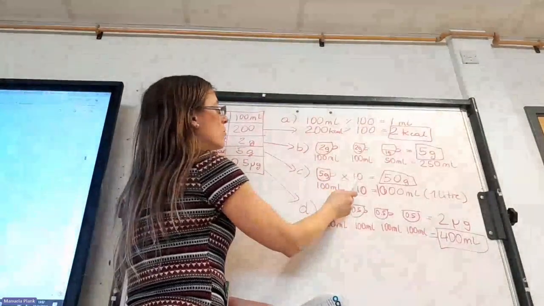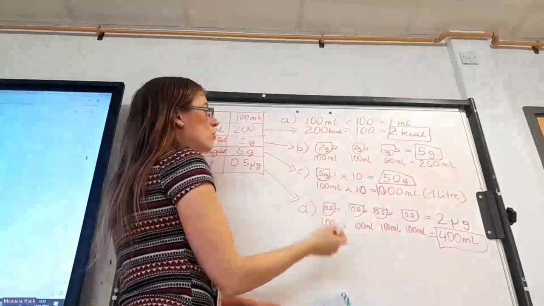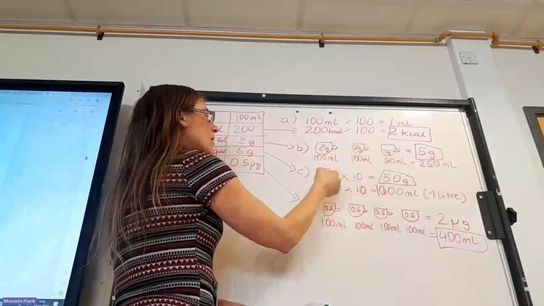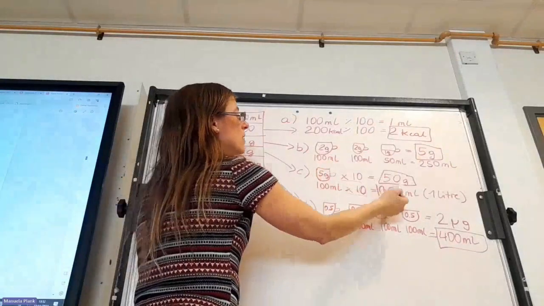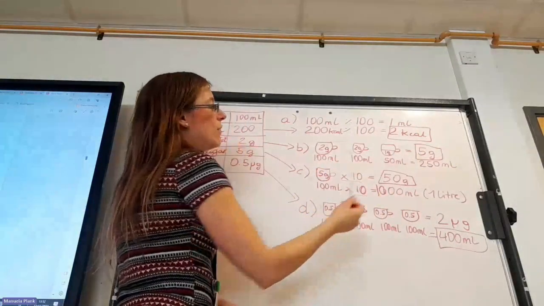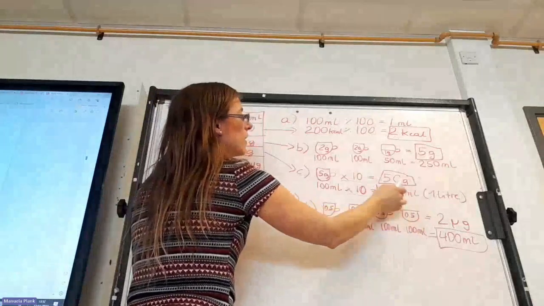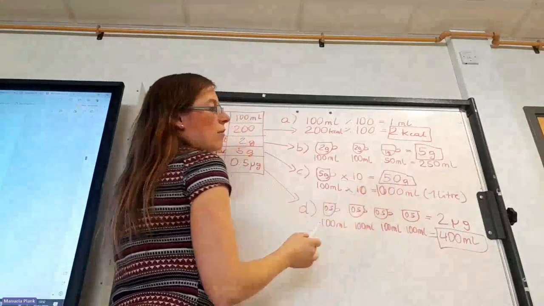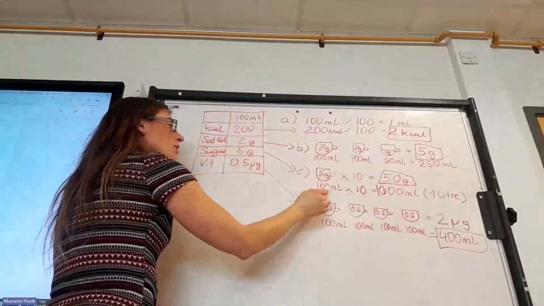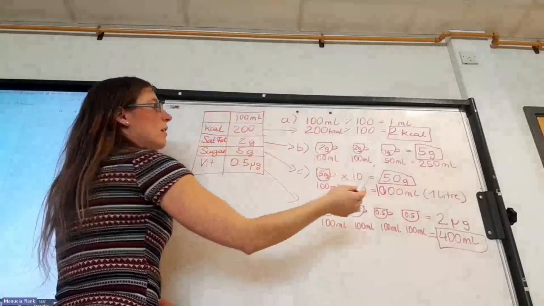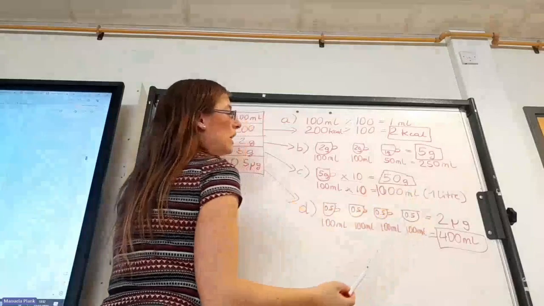But if you consume 10 cups, you consume 10 times the amount of 1 cup, which is 5 times 10 is 50. So if you were to drink a liter of milk, you would consume 50 grams of sugar. If there are 5 grams in 100 ml, then there are 50 in the whole liter.